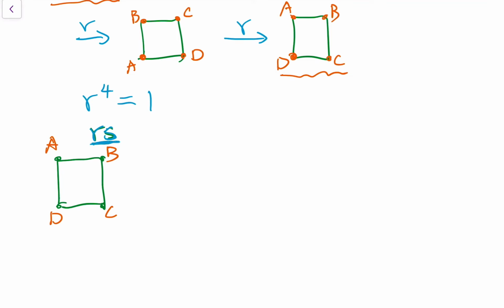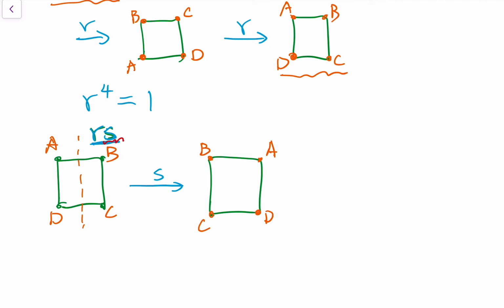So we apply S first. It becomes, because we flip this shape along this line, B here, A here, D here, and C here.